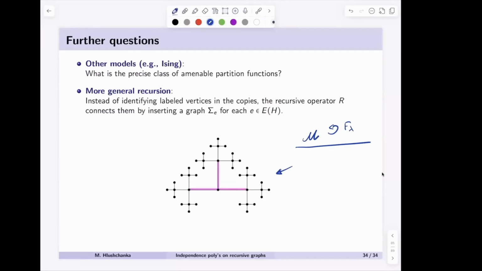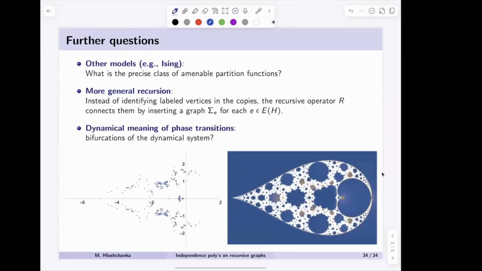The dynamics on this invariant manifold involves some kind of parabolic fixed point, and the phase transition arises from a careful analysis of what's happening at this parabolic fixed point. So this is basically the picture for this sequence of graphs. This is some numerical computation of the roots of the independence polynomial, and the thing on the right is the bifurcation locus for the family z goes to 1 plus lambda over z to the power d, where in this case d is equal to 3, so it's z cubed, and lambda is the physical parameter.